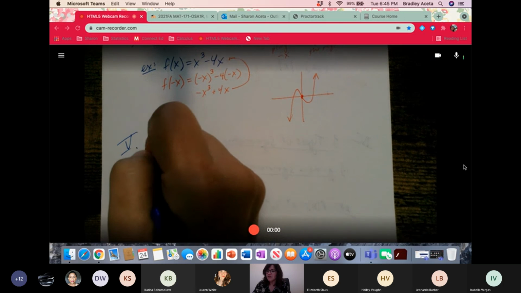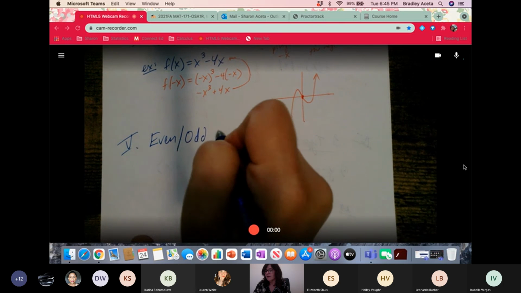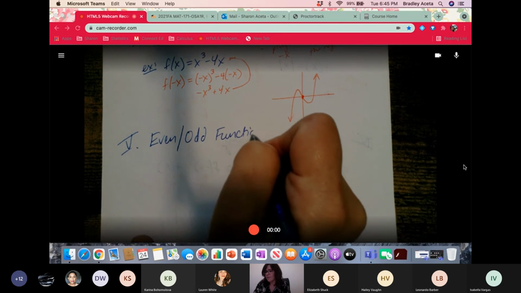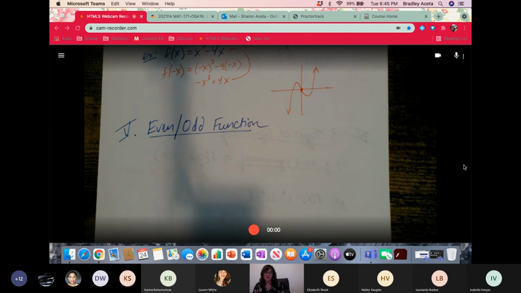So there's this idea of what's called an even and an odd function. Even, odd function. And here's how I tell my students to remember.